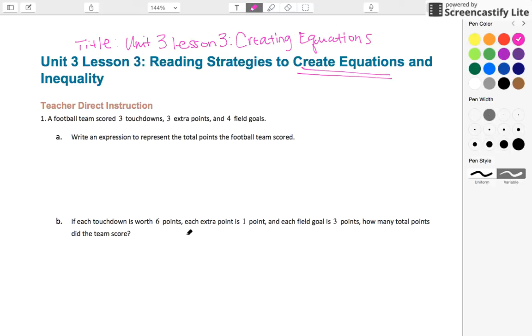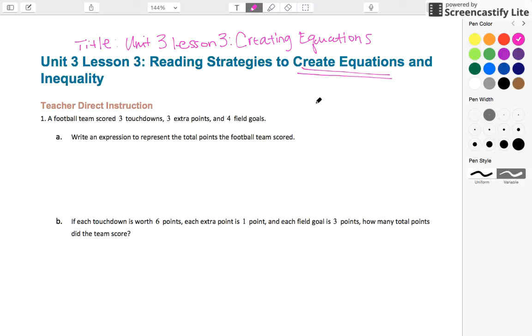This is one of the examples that we weren't able to get to in class, so we are taking the chance to do that now. So here we have a scenario. We say we have a football team scored 3 touchdowns, 3 extra points, and 4 field goals. Right.